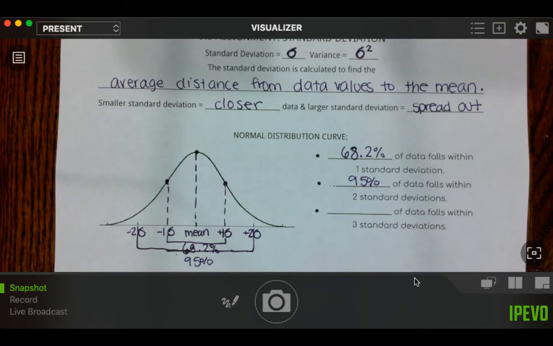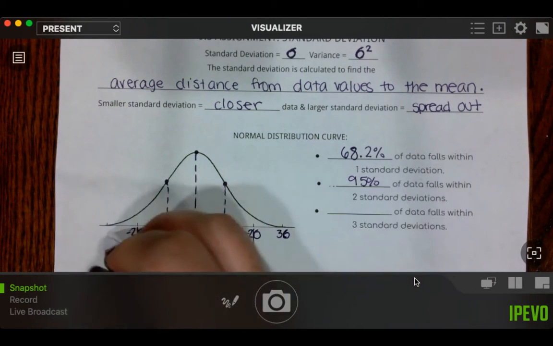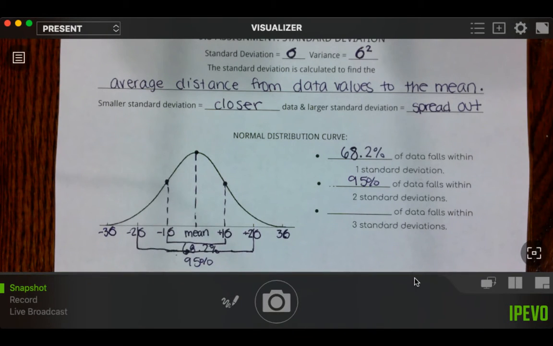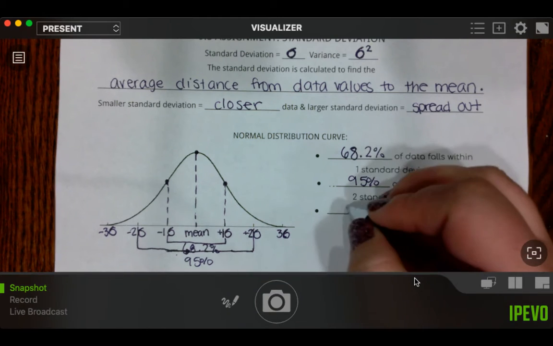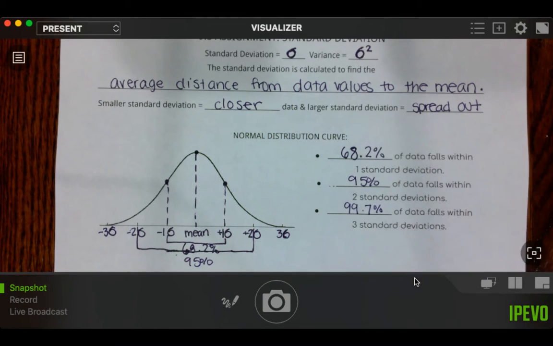And then if you go out to 3 standard deviations, I'm not going to write this on the graph because it's kind of hard to see, but that actually means that you have 99.7% of the data. Now you might be like, why is it just 99.7? Because sometimes there's an outlier over here and over here, and that's why. So there might be like a number still left over there.